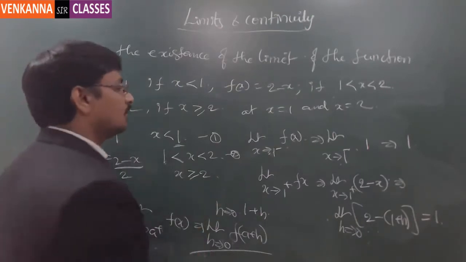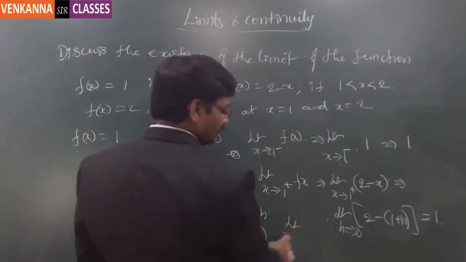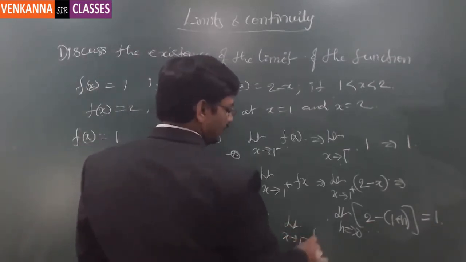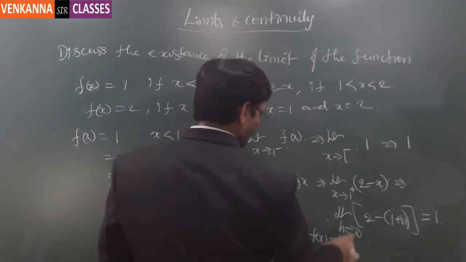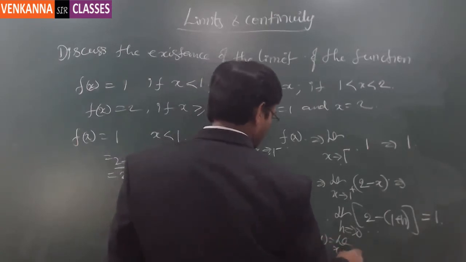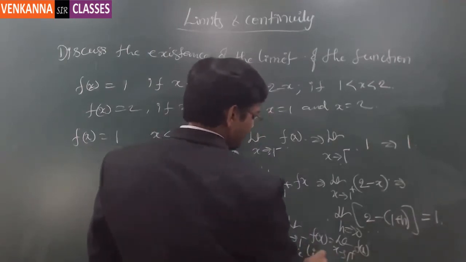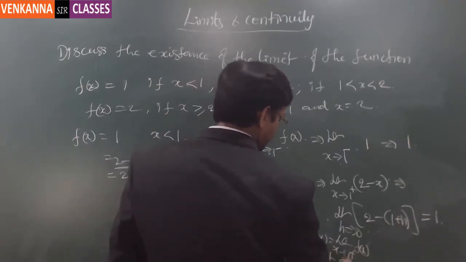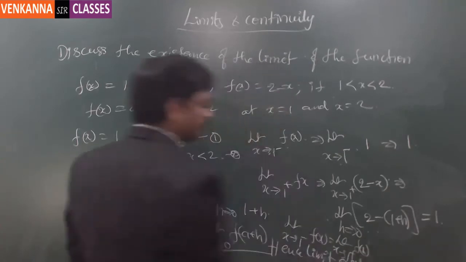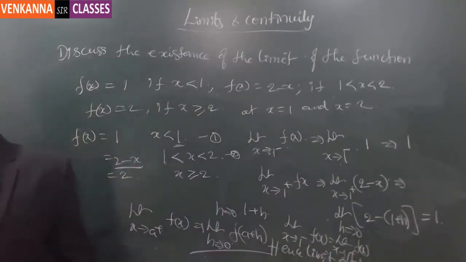So that's how we conclude that limit x tends to 1 minus f of x is equal to limit x tends to 1 plus f of x. So hence the limit exists. If it is not equal, then the limit doesn't exist. That's the only thing you need to know.